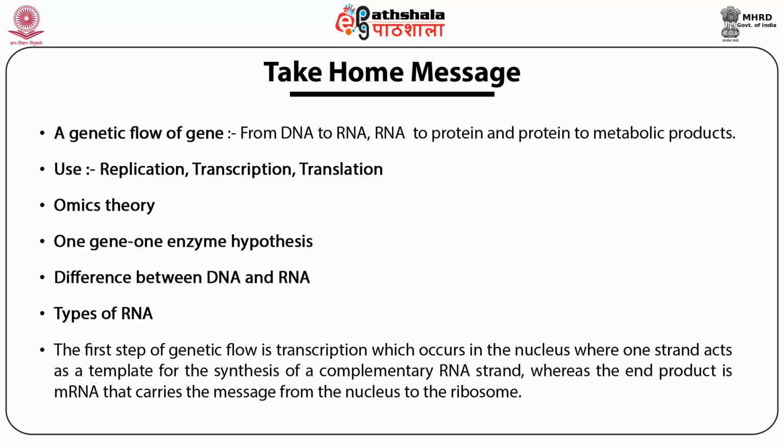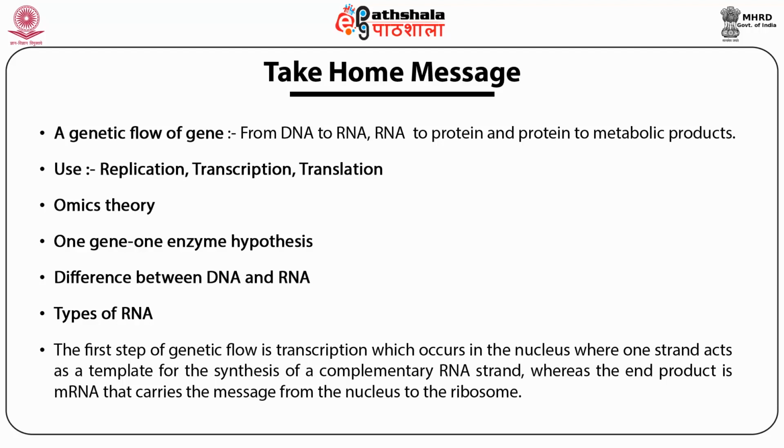Moreover, we have also learned how the reverse transcription process comes into existence, where instead of DNA to RNA, we go from RNA to DNA. In contrast, translation, which is the last step of the genetic flow, occurs in the cytoplasm with the help of ribosome, and the end product of translation is protein.